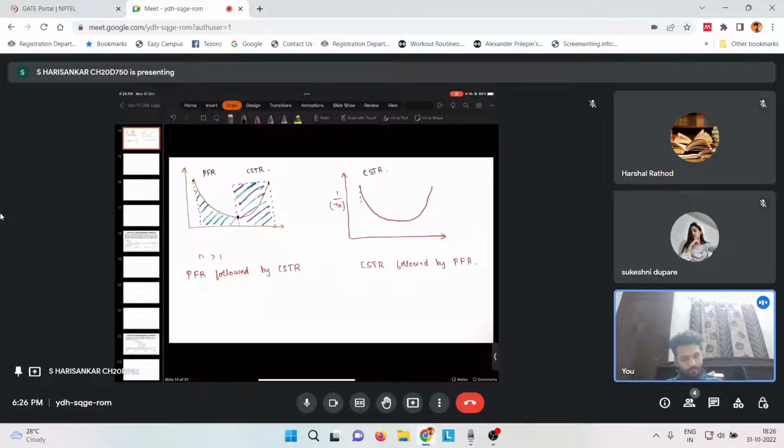Let's say from here to here, CSTR takes over, and from here to here, PFR takes over. Now, according to the design equation, the area which represents the volume of CSTR is basically like this.